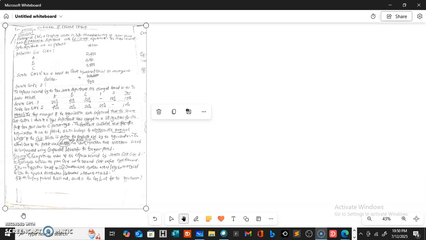We also have additional information that the top managers of the organization are informed that service cost center 1, which is the legal department, was engaged in a litigation for the past 2 years over a patent right, and the court concluded that the organization should pay for the patent rights.